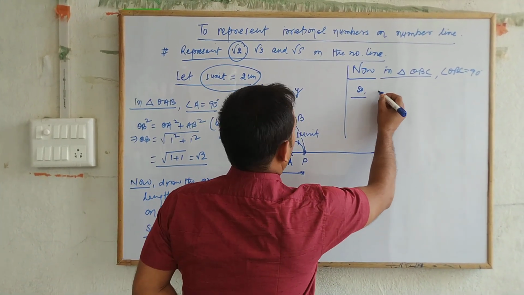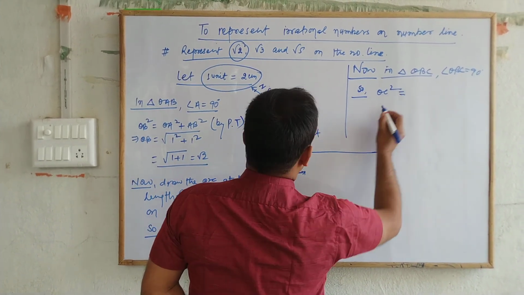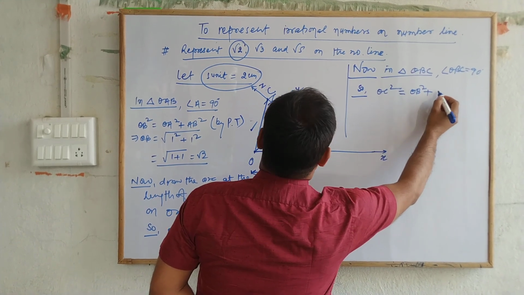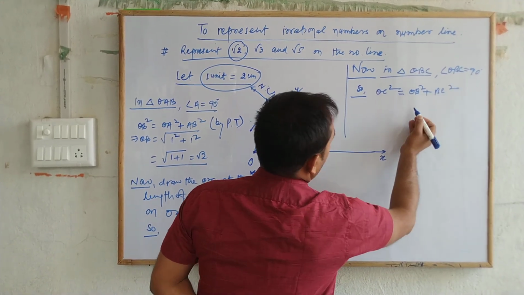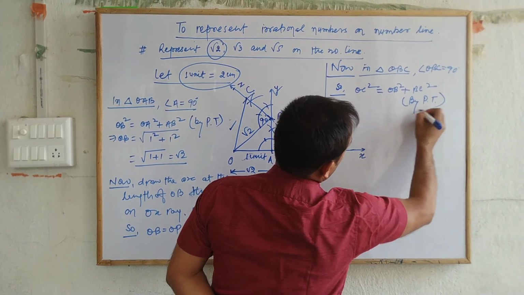So here OC square is equal to OB square plus BC square by Pythagoras theorem.